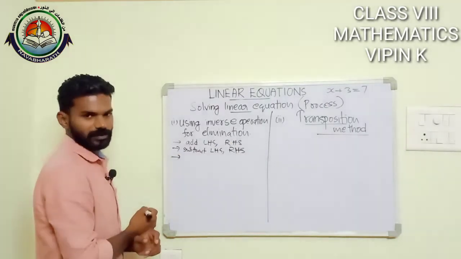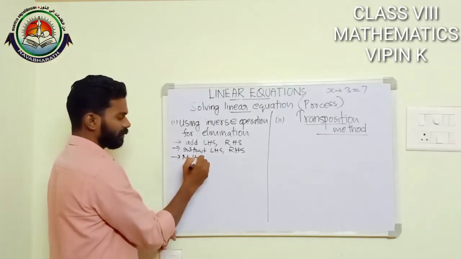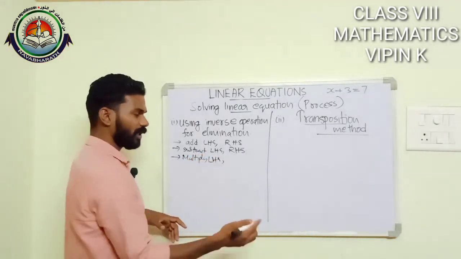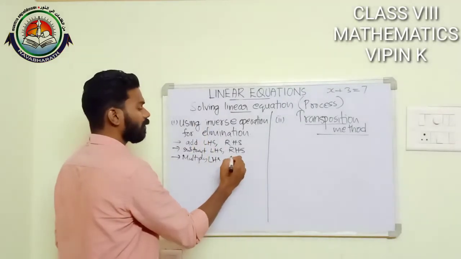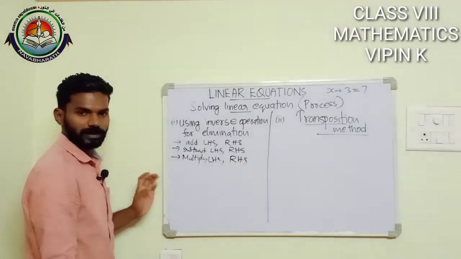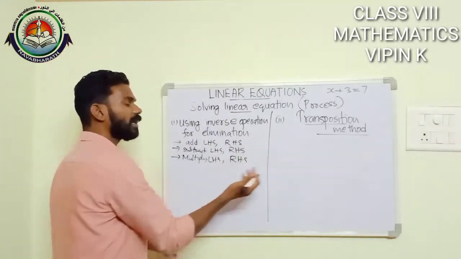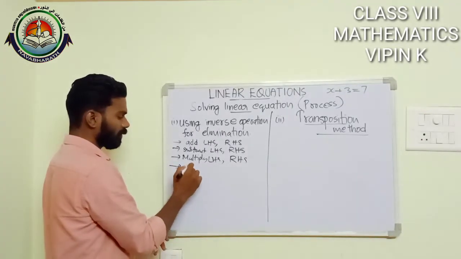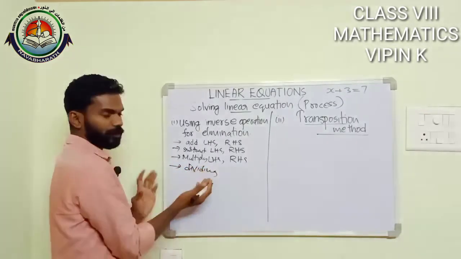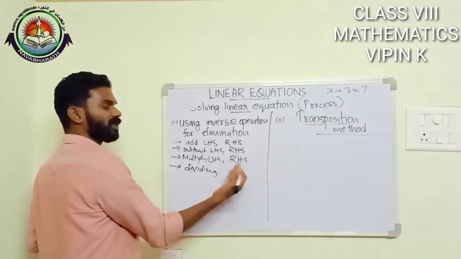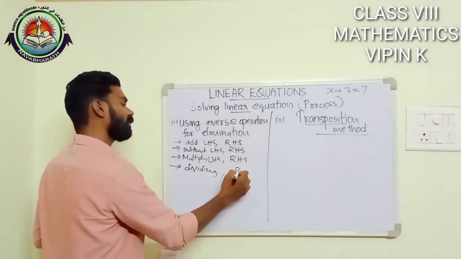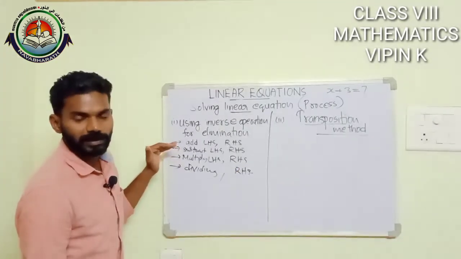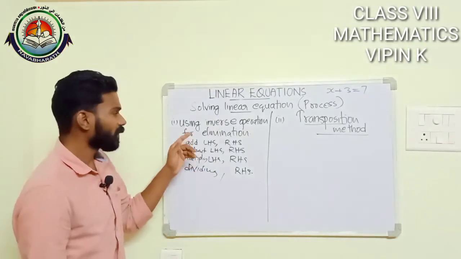The third rule is that when we multiply something on the LHS, we need to multiply the same number on the RHS also. And similarly for division, if we divide by some number on the LHS, the same number must be divided on the RHS also.